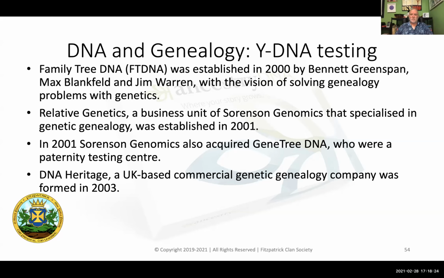And in 2001, Sorensen began to acquire other smaller genetic testing groups, such as GeneTree DNA. DNA Heritage UK, some of us will be aware of. I was involved with them, and they formed in 2003.